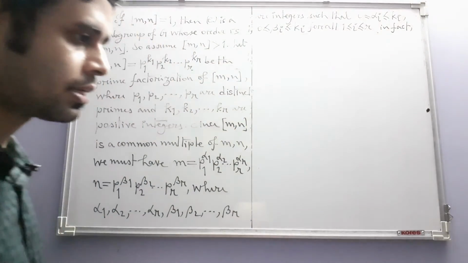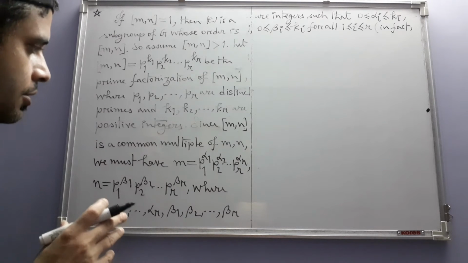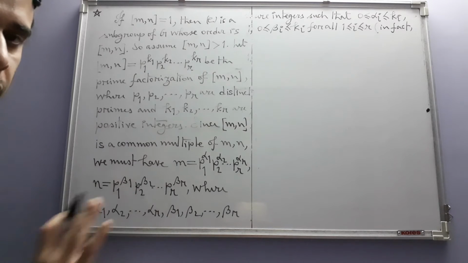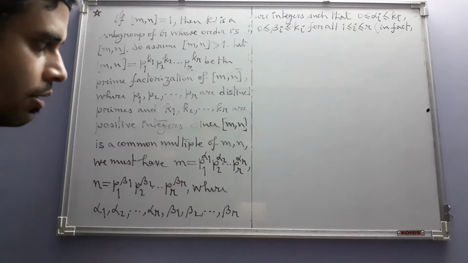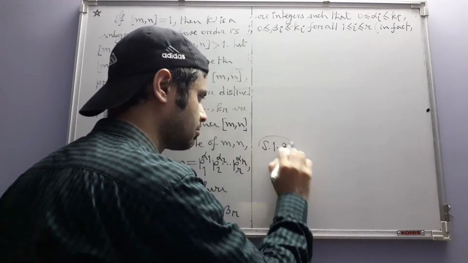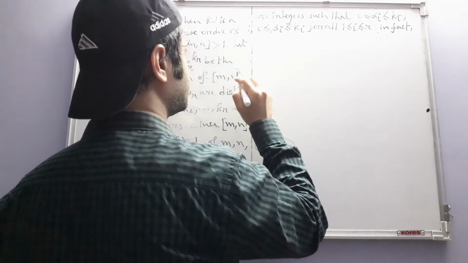In fact, from that exercise where we were asked to find the GCD and the LCM of two integers whose factorizations are given, if you recall in section 1.3, there we have come across this formula.